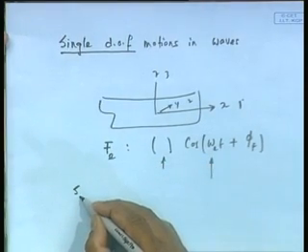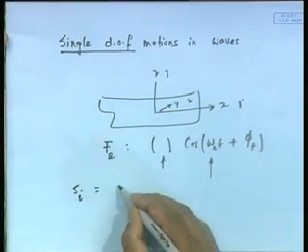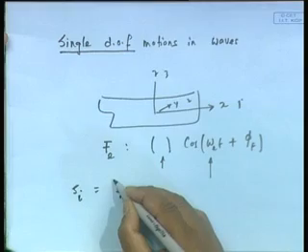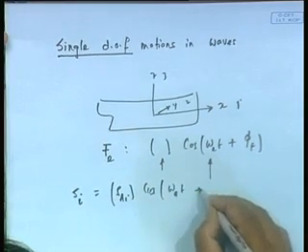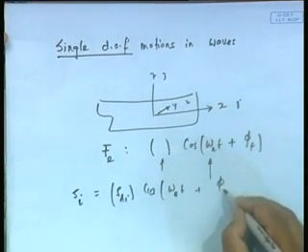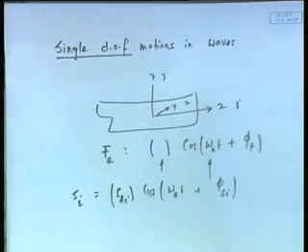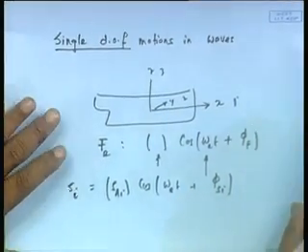So, this becomes some amplitude into cos omega e t plus phi xi I, something like that. It will look something of this nature.